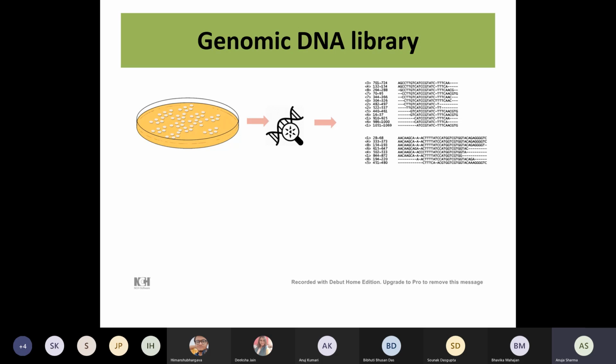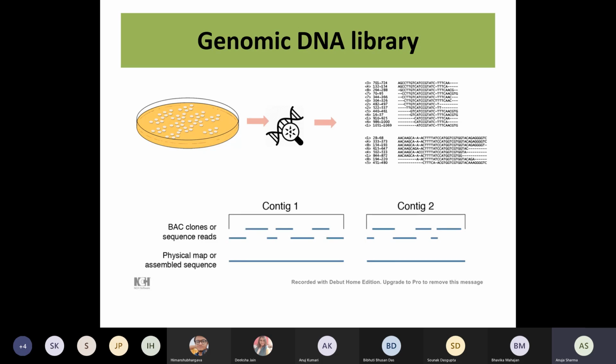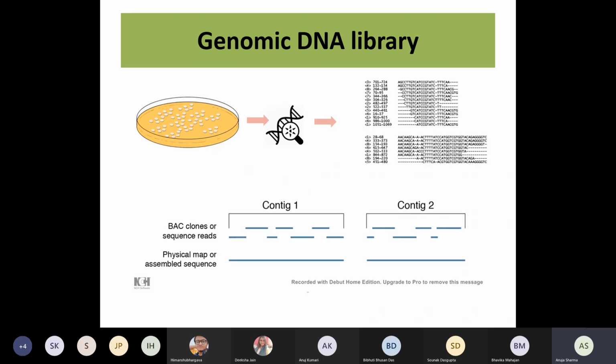Now you know that these sequences have some degree of overlap with each other that you can call contigs, and then keeping one particular landmark and arranging all these contigs on top of one another, you can retrieve the physical map of the genome. And that is how the scientists solved this genomic library problem, and they really sequenced the genome like this. So that is how the genomic DNA library was pretty useful at that particular point of time.